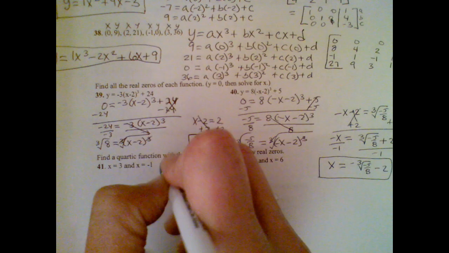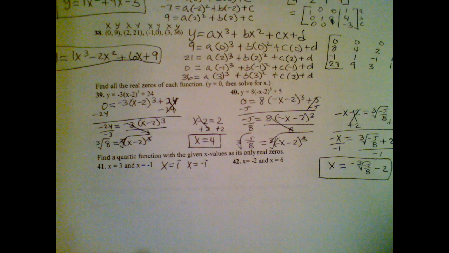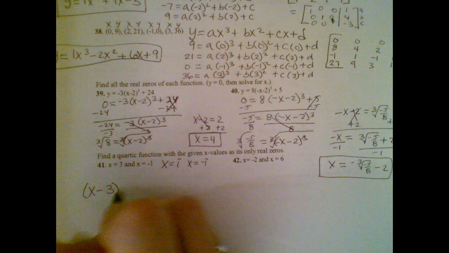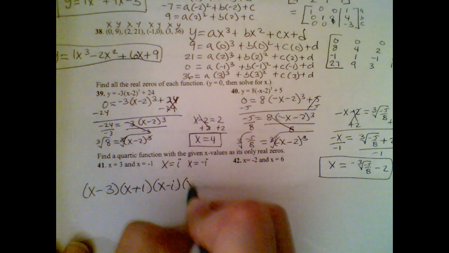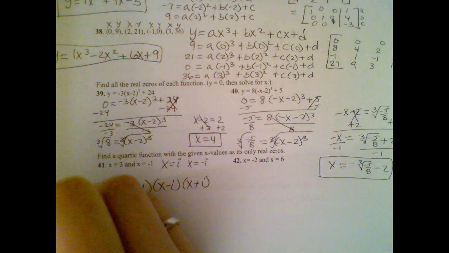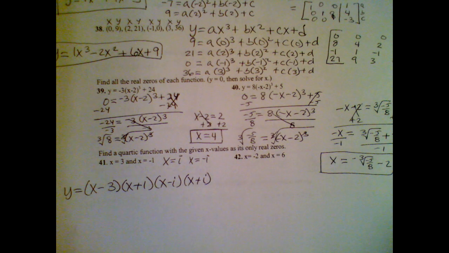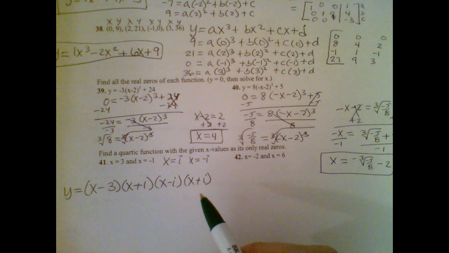So I'm going to use x equals i and x equals negative i as my other 2 solutions. So then I'm just going to plug in the opposites: x minus 3, x plus 1, x minus i, and x plus i. So then it's a quartic function because there's 4 total solutions. These are the only 2 real ones, and then the other 2 are imaginary.